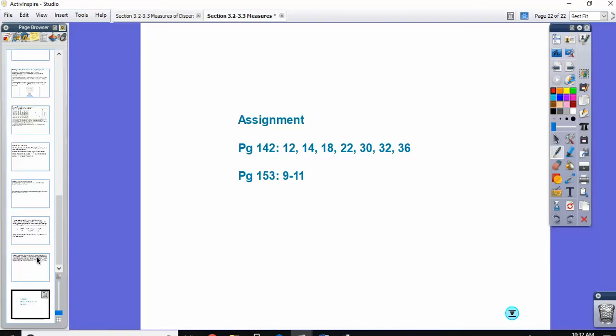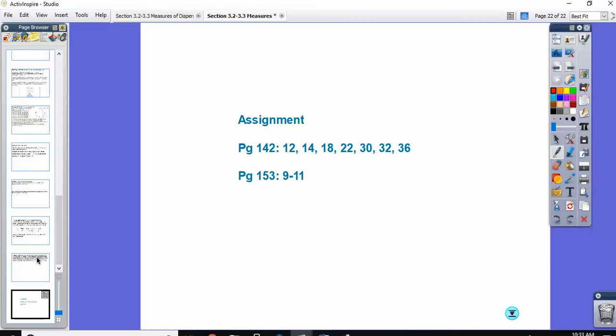I actually took out problem 16. So this is the assignment, the one on the board, no problem 16. Several of these, you're ready to get a good start on this. You know how to do a lot of them. The beginning ones are asking you to do like range, variance, and standard deviation.